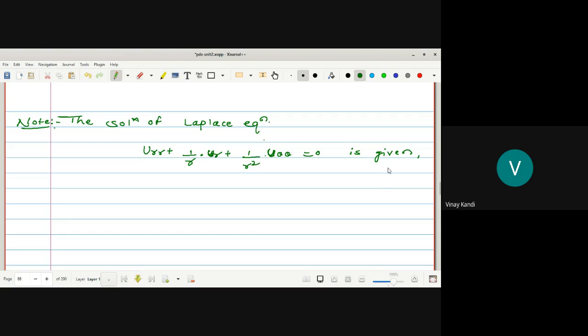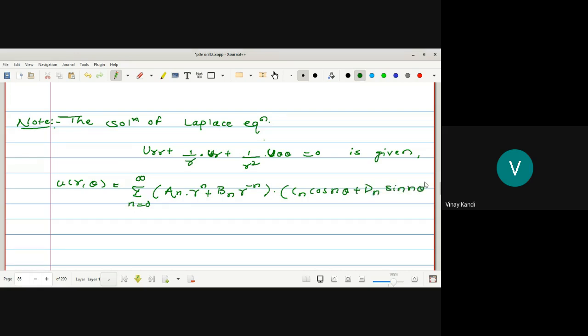The solution is u, a function of r and theta, equal to the summation n running from 0 to infinity of (a_n r raised to n plus b_n r raised to minus n) into (c_n cos n theta plus t_n sin n theta).